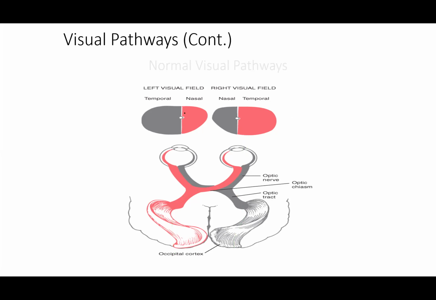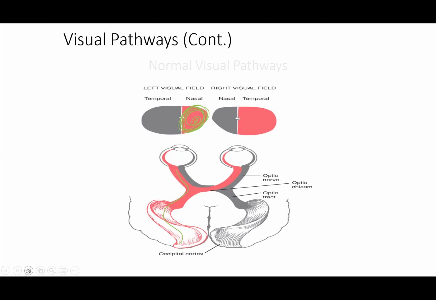Okay, so let's draw the other side. So we can cross over or go straight back. Okay, so there's different pathways that can be damaged that can create different visual field disturbances. But in general, this is how we normally see. So the red nerves that they're showing here allow you to see more of the nasal side of your vision.